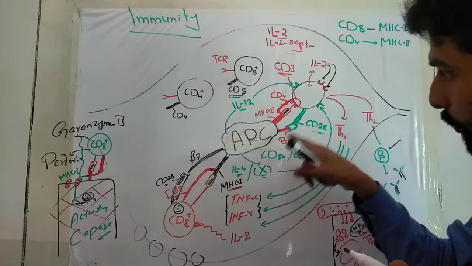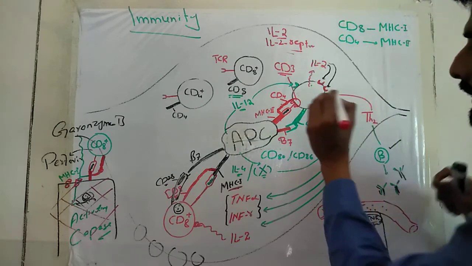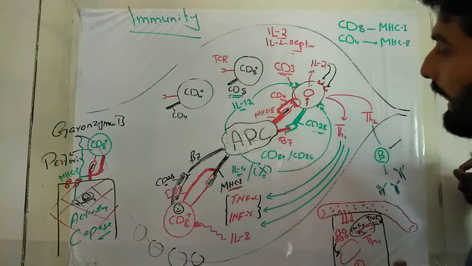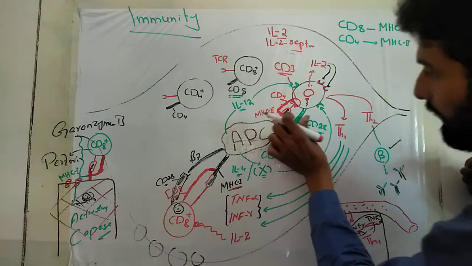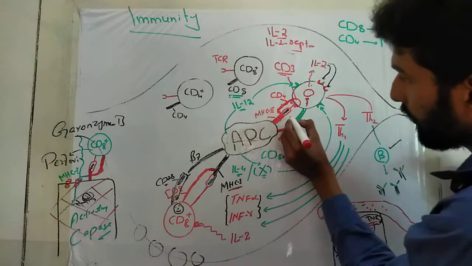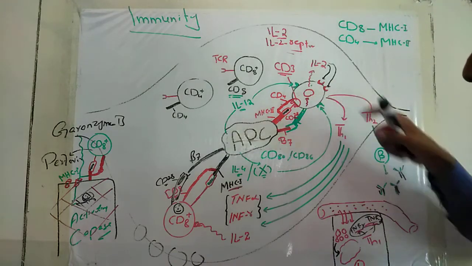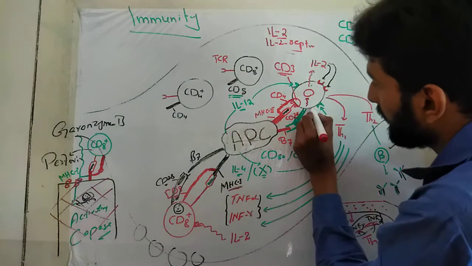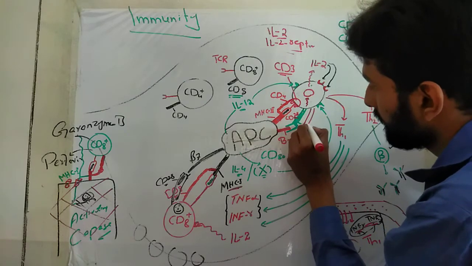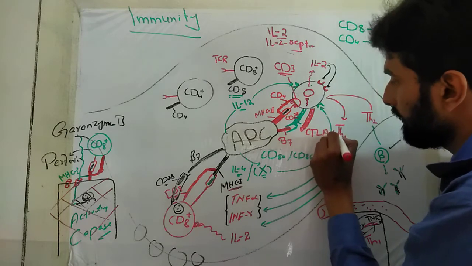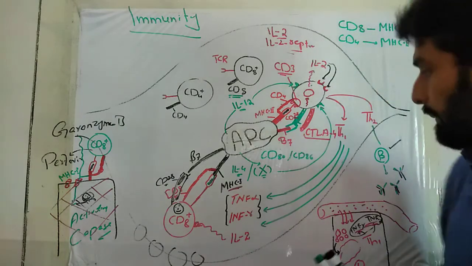Right after this co-receptor interaction, there will be a signaling pathway, a signaling mechanism to the nucleus, and a protein, and another protein. This was CD28. So there will be formation of another protein, and the name of that protein is CTLA4.